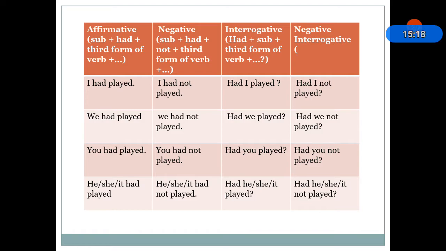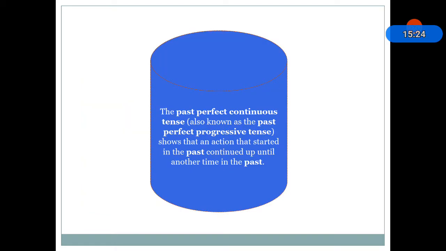Now let's move on to the next kind of past tense, that is past perfect continuous tense. This tense is also known as the past perfect progressive tense, and it is used to show that an action that started in the past continued up until another time in the past.